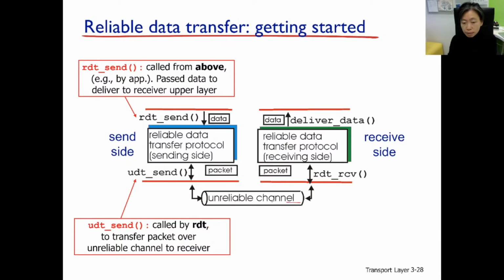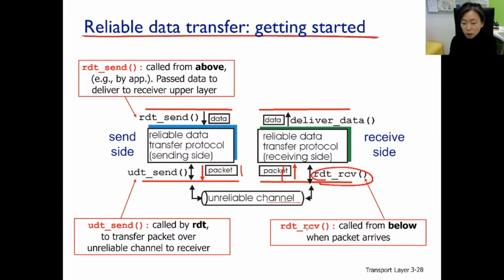And then, yeah, data is going to travel through the channel and come to the network layer. So that network layer component would call RDT receive to pass the packet further up. So packets get passed down by calling UDT send, and packets get passed up by calling RDT receive.